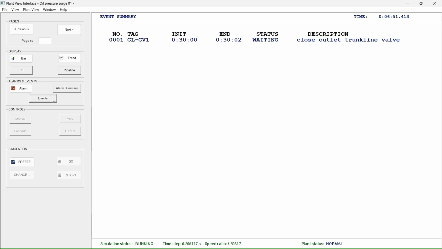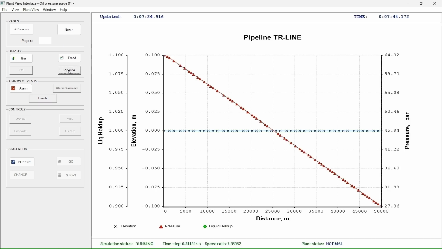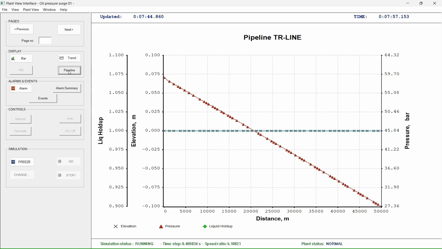The event view provides information about the status of all the events defined by the user for the simulation. The pipeline view shows some of its internal data: elevation, pressure, and pipeline profiles.